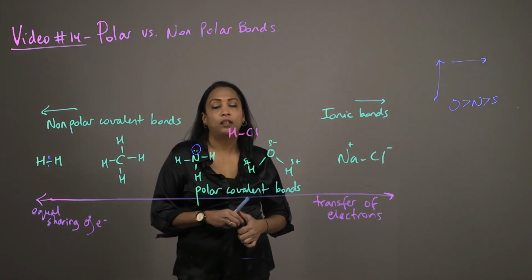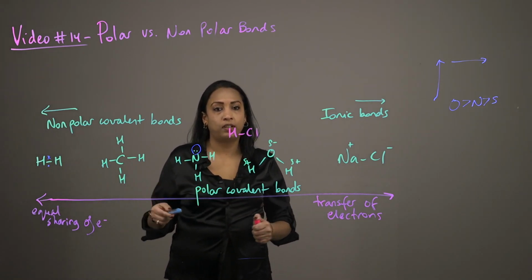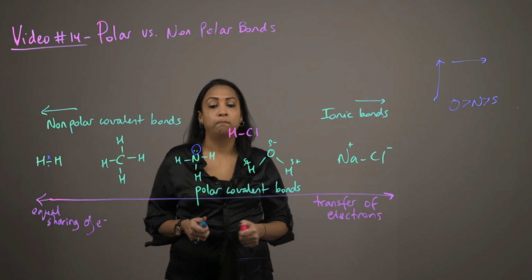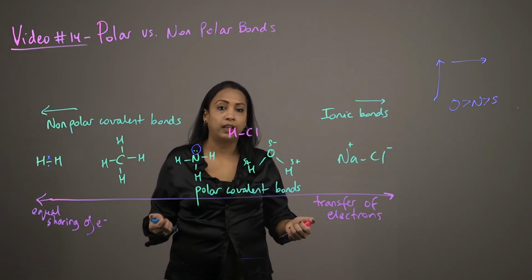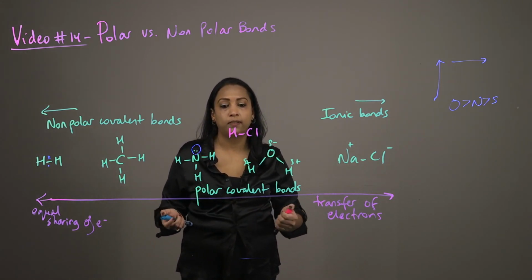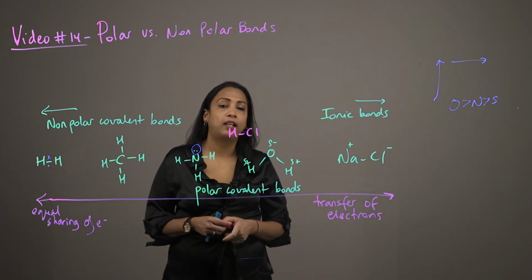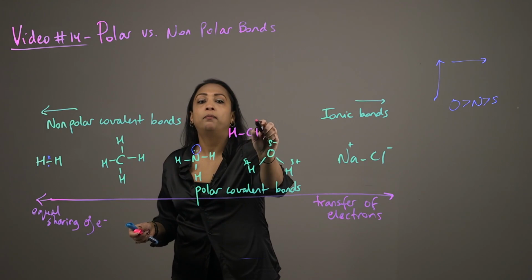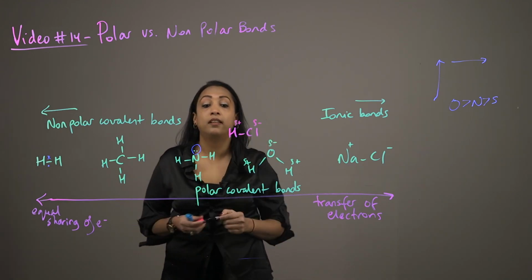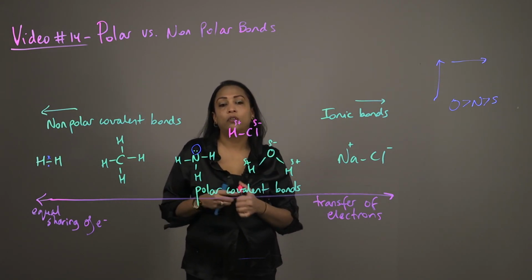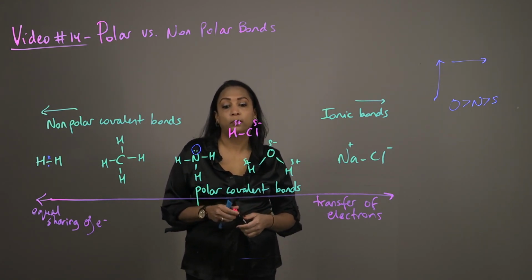So HCl is a combination of hydrogen, which is a nonmetal, and chlorine, which is also a nonmetal. So this is, of course, covalent bonding, as we've learned, nonmetal and nonmetal. So of course they're sharing electrons, but because the electronegativity difference between these two atoms is significant enough, this bond is a highly polar covalent bond, and therefore it's very soluble in water.